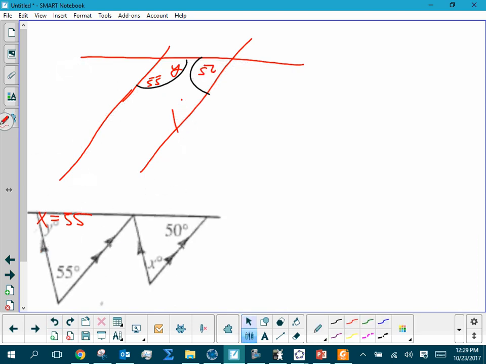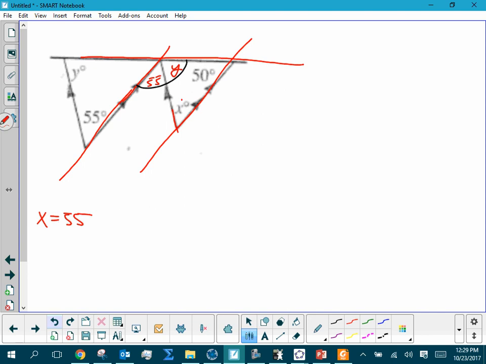What would those 2 angles be compared to one another? Supplementary, right? Same side interior. So I'm going to say 55 plus Y plus 50 should equal 180. Subtract the 105 from both sides, and Y ends up being 75. So those are my 2 values for that.